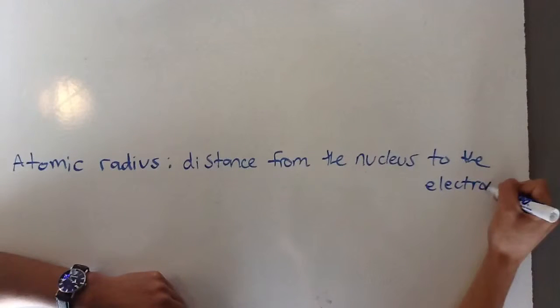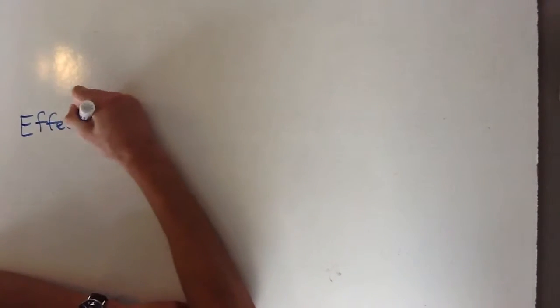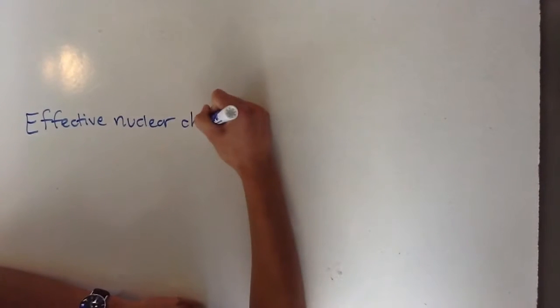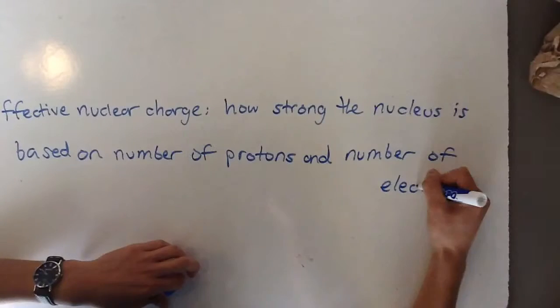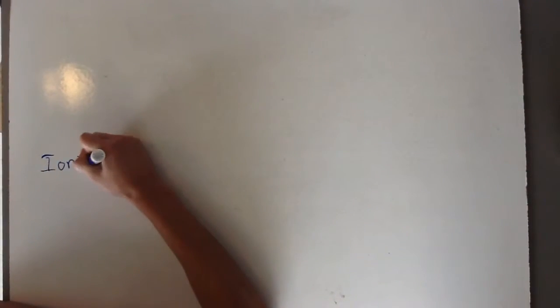So first off, we have atomic radius. This is the distance from the nucleus to the center of the electron. Second, we have effective nuclear charge, which is how strong the nucleus is based on the number of electrons and the number of protons.